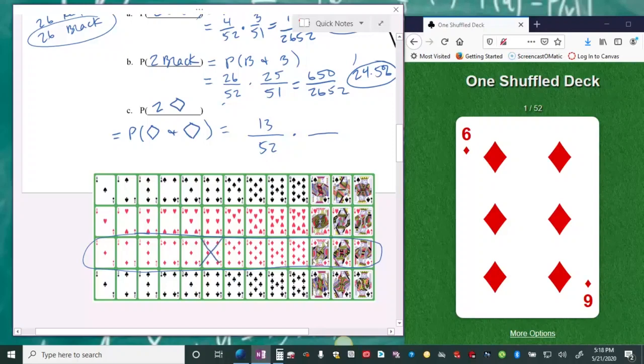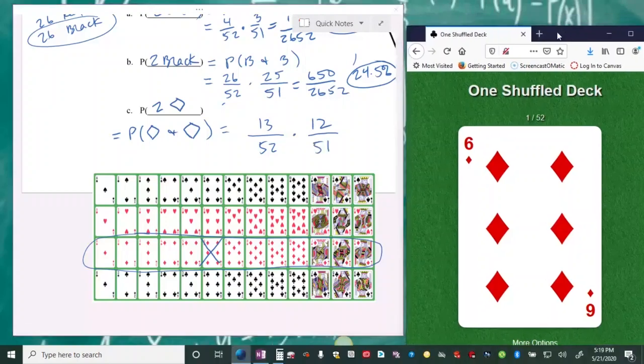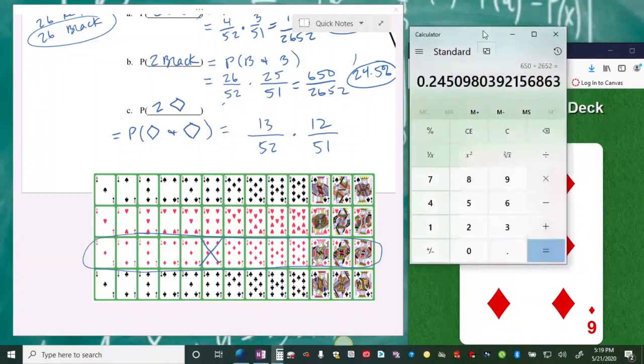When I go to draw the second diamond, there's only 12 left. I've also taken that card out, so I end up with 51 cards in total. As I calculate this one, I get the same denominator again, but my numerator changes. So for the numerator, we're going to do 13 times 12, divided by 52 times 51, which is 2652.